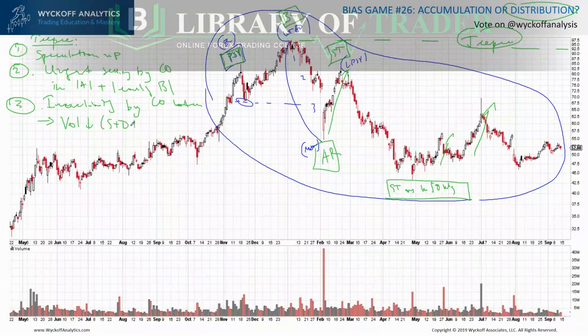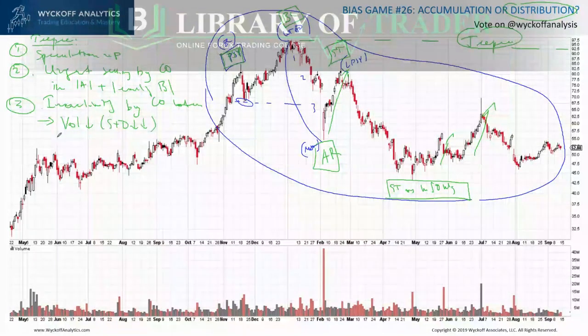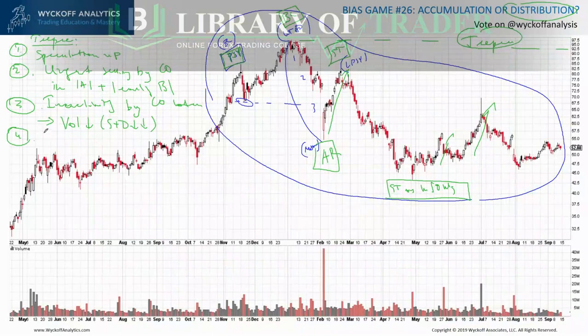Supply and demand will go down. The rallies will never touch the resistance that was created by the buying climax. So the buying climax won't be tested.